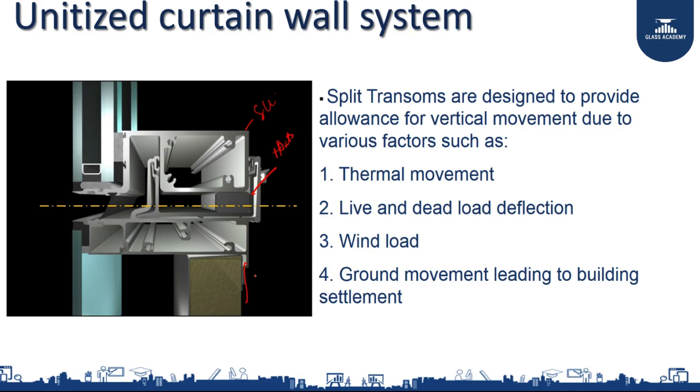Yeah, buildings start going down, a negligible amount, sometimes it can be bigger. Certain buildings have gone even 2 foot, 3 foot down after construction. So, the system has to take care of those things, those factors are very important. So, the stack joint is very critical. When you design a system, a stack joint plays a key role to take care of all those factors we explained.